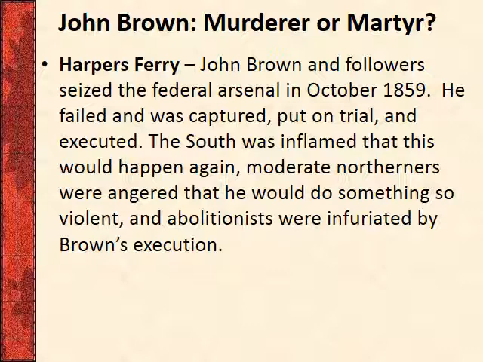And his idea is that he's going to attack this federal arsenal, a place where they store weapons. And he's going to take the weapons, and he's going to arm both his supporters, the abolitionists, and also arm the local slaves. And he's going to create this little sanctuary where slaves could escape to within the South.